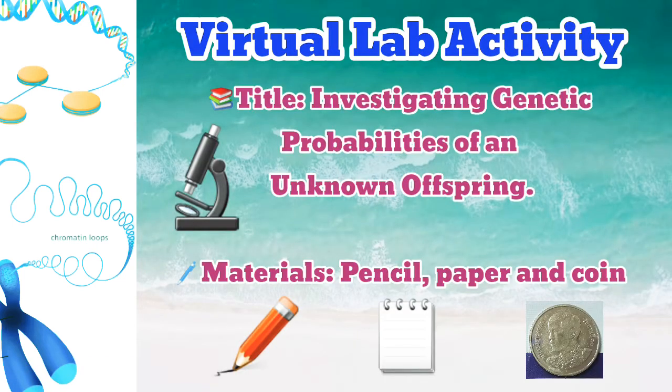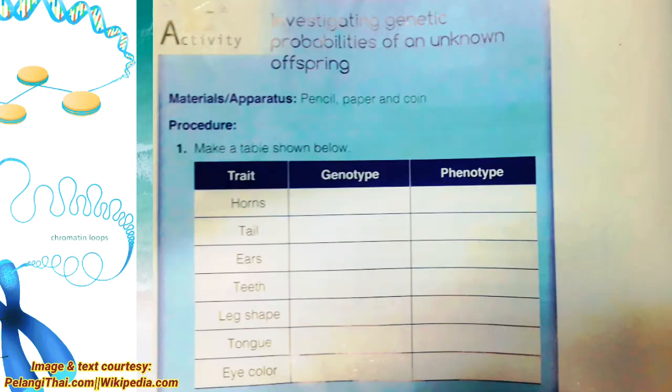Here is our next activity, investigating genetic probabilities of an unknown offspring. So our students prepare materials like pencil, paper, and a coin. During the activity, our students should follow the correct procedure.